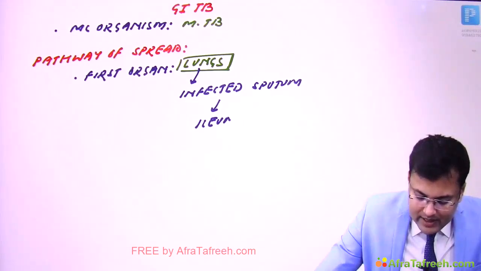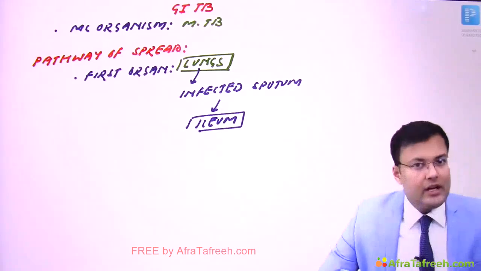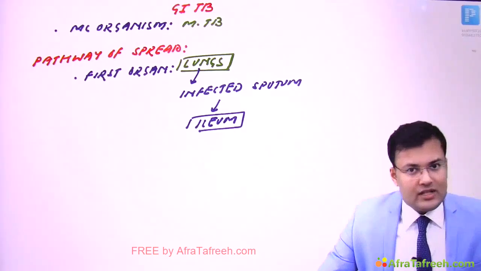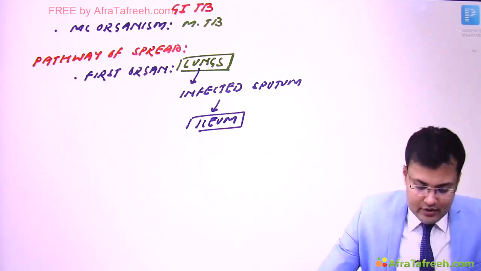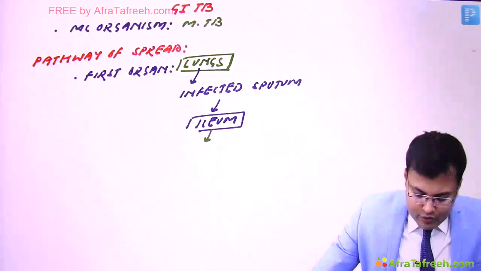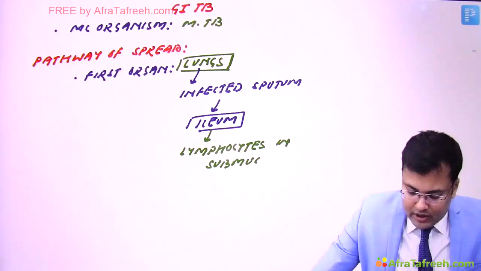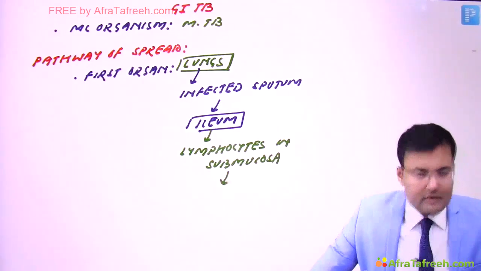And what happens in ileum? It is going to recruit lymphocytes in submucosa because of inflammation. So in tuberculosis there is recruitment of lymphocytes in submucosa. Clear? And there is oxidative burst or oxidative stress and loss of epithelium.